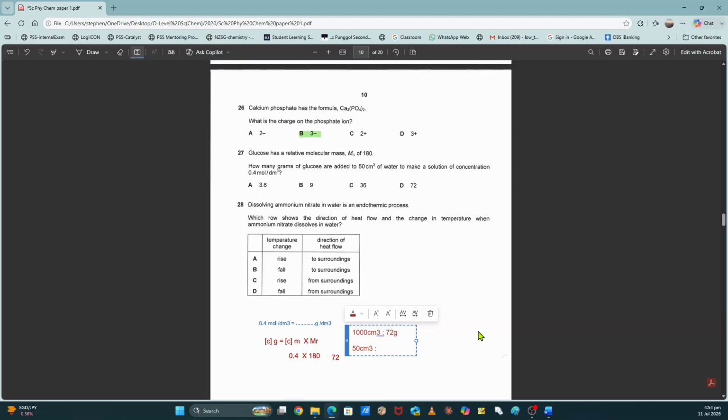So simple mathematics will tell you: take 72 divided by 1000, and then multiply by 50.